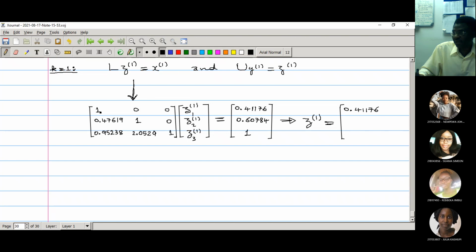Now, you take that value, substitute here, take it to the right-hand side, and then Z2 will multiply this, and then we divide. So that one, you know how to solve it.